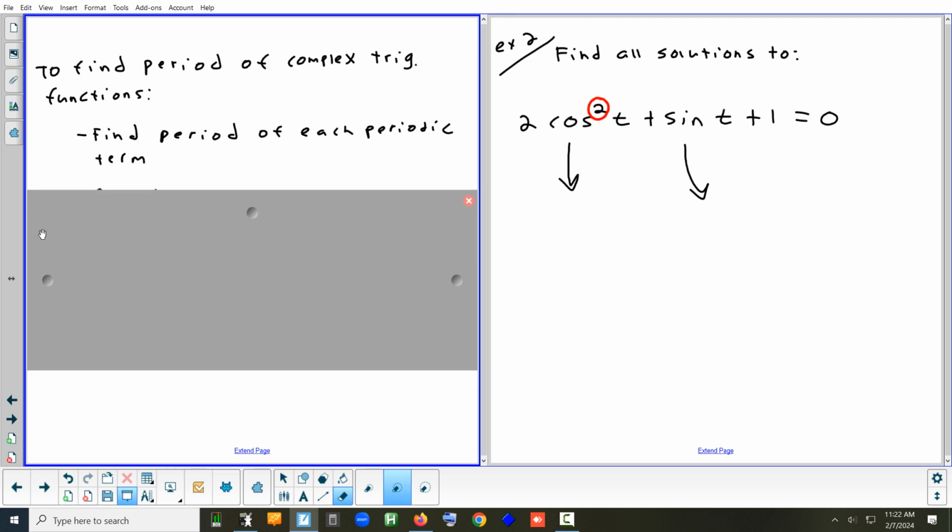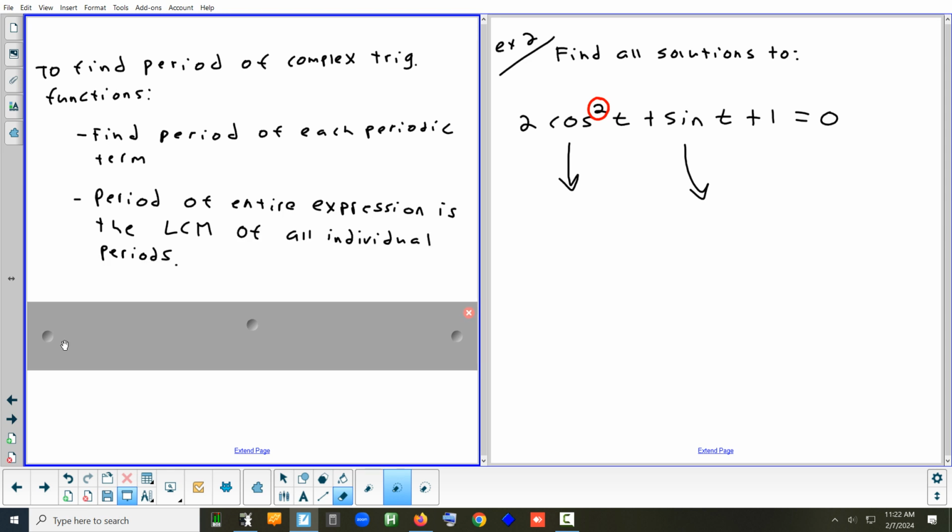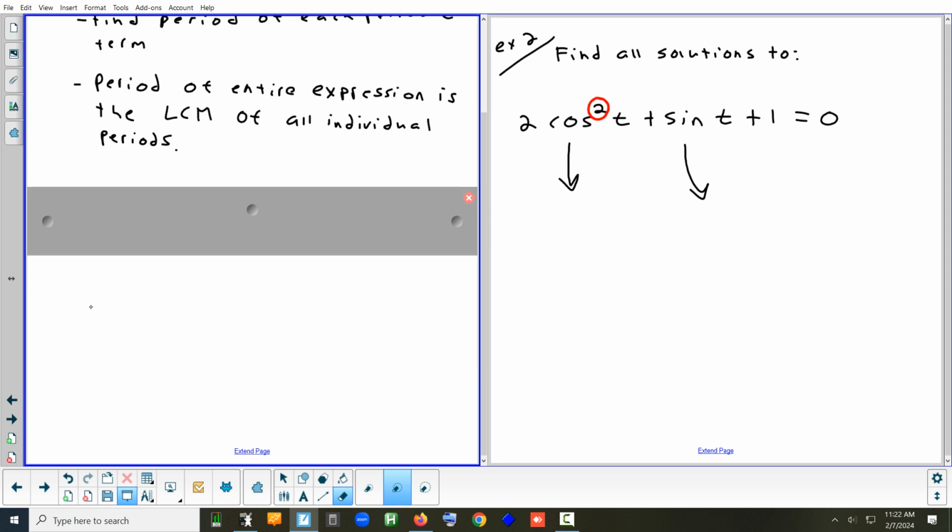Once you find the period of the first term, and then the period of the second term, you have to take the least common multiple of those. So let's say one of them had a period of 2 pi, and the other one had a period of 3 pi. That's not what this problem on the right is. But let's say you had a problem, and one had a period of 2 pi, and one had a period of 3 pi.